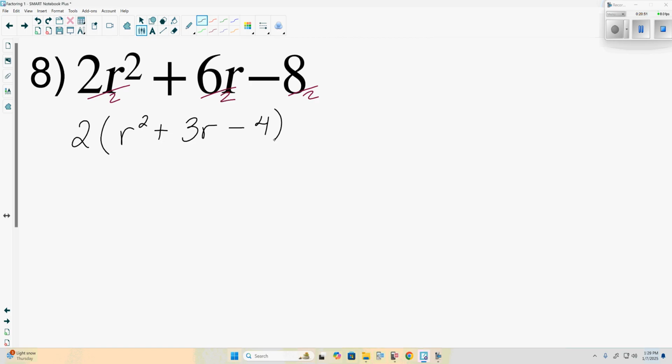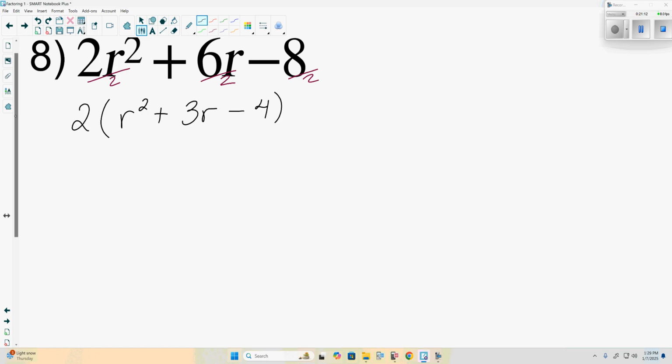Then we would switch the signs. But the only reason we would divide a negative out is if our r squared, that biggest term, was negative. That way we can keep that first term positive. Questions on this so far?